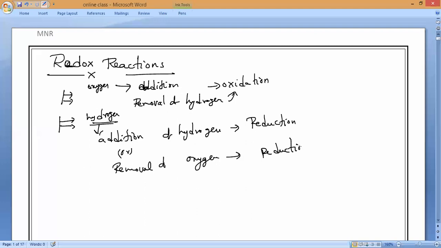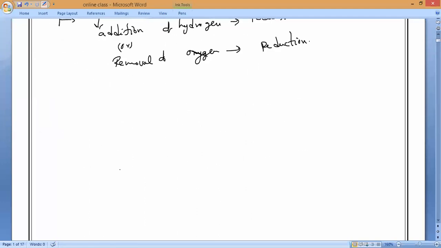Same way, as I taught you in the last class, two more terminologies: one is oxidizing agent, the next is reducing agent.